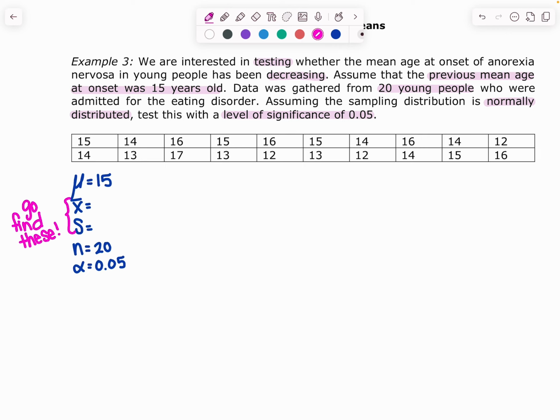So if I take my data and plug it into a spreadsheet and calculate the mean and the standard deviation, the mean is 14.3. The standard deviation, I want to make sure I look at s because it's a sample, is 1.4903.